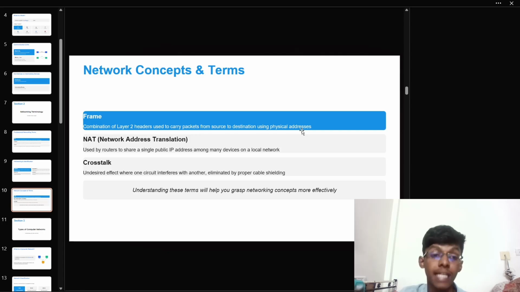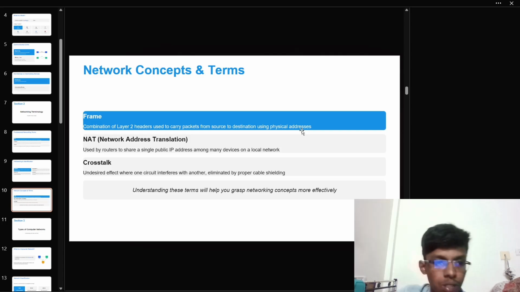That's what NAT does. Your router uses NAT to share a single public IP among all your devices. It's like a mail room in an apartment building. One building address, but the mail room sorts letters to different apartments.